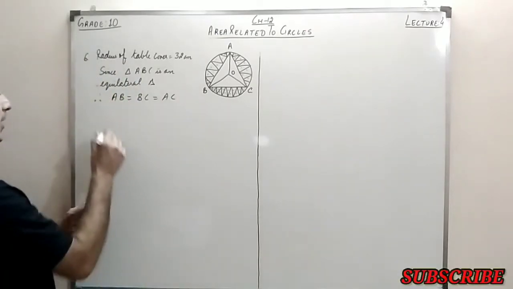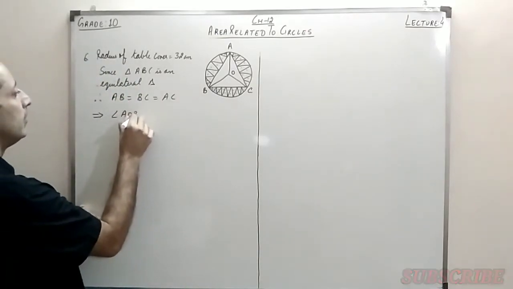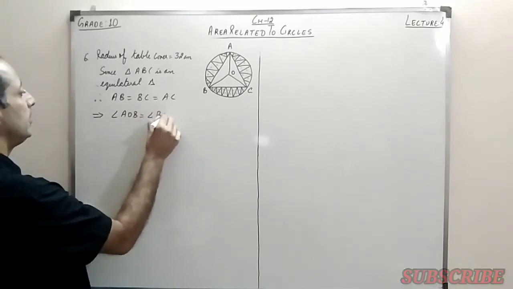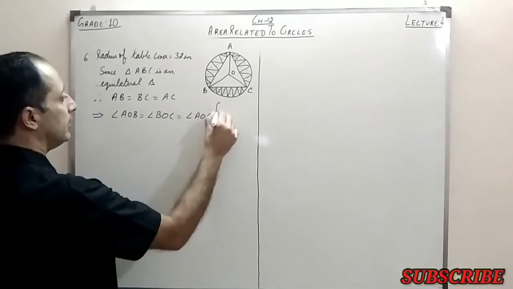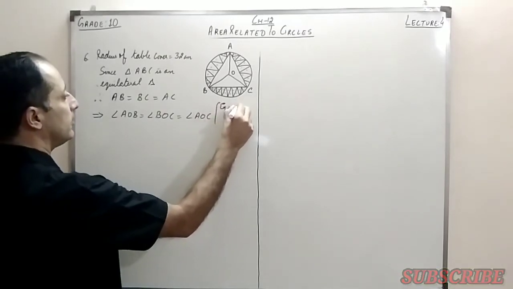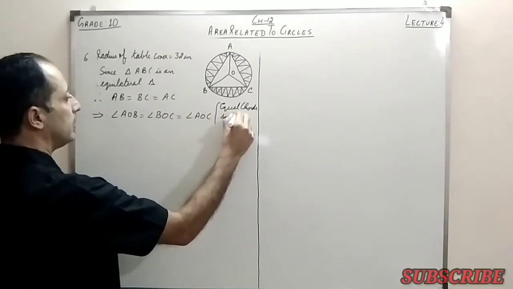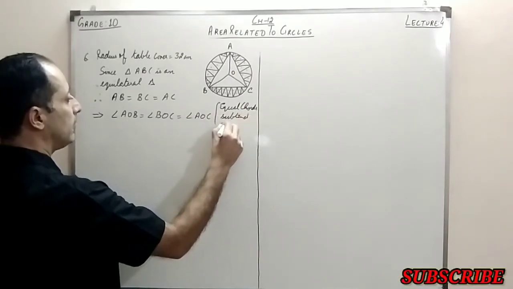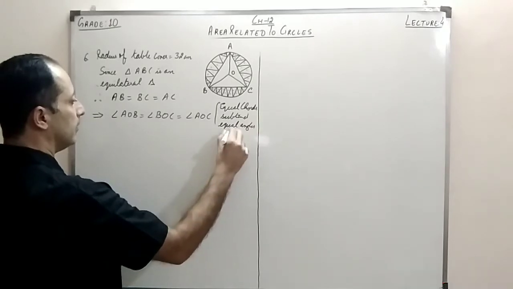So angle AOB is equal to angle BOC is equal to angle AOC, and the reason is equal chords subtend equal angles at center.